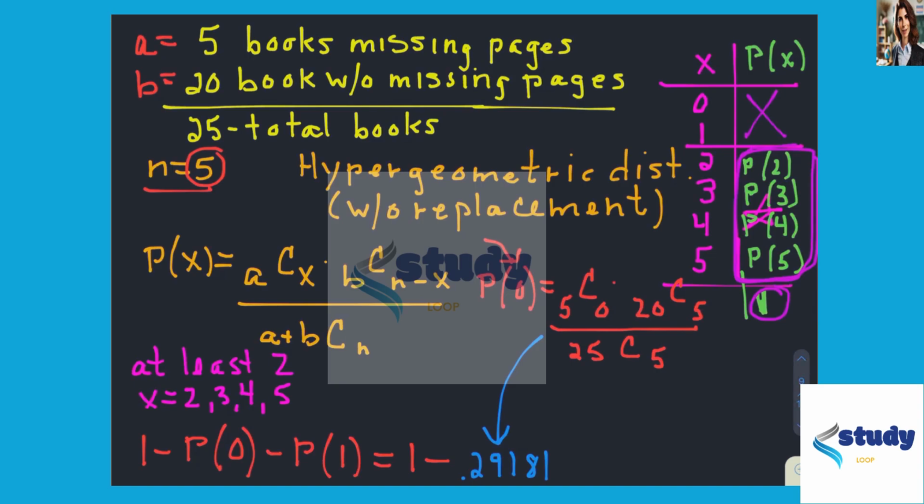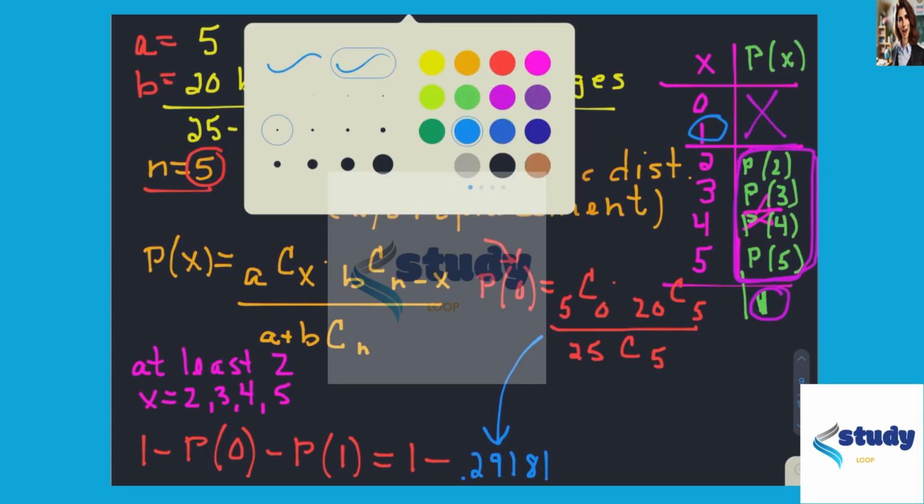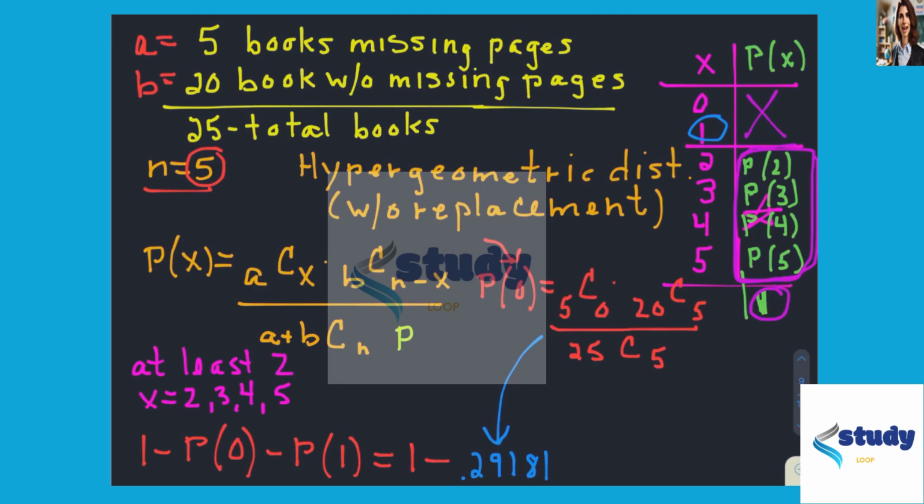Now I want to also calculate the probability of 1, so I'm going to utilize that formula again. So my probability of 1 would be A, which is 5, C, my X value is 1 in this case, multiplied by my B, C. When I do N minus X, I'm doing the 5 minus the 1, so I get 4.